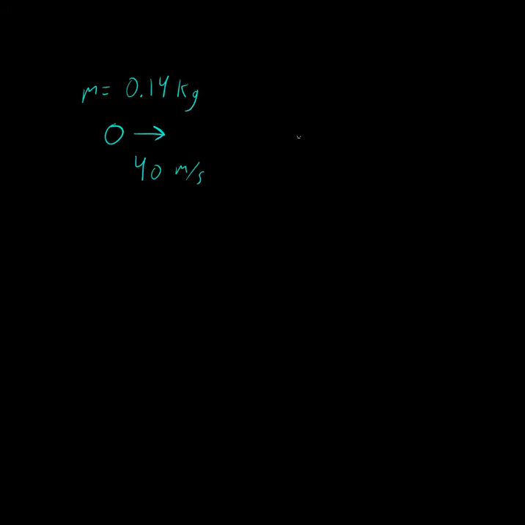And after it is hit, so this would be our part 1, and our part 2, it's being hit backwards with a velocity of 46 meters per second. So we want to know what is the change in momentum of the ball. So what is the impulse of the ball?